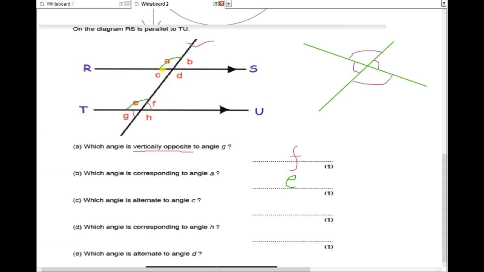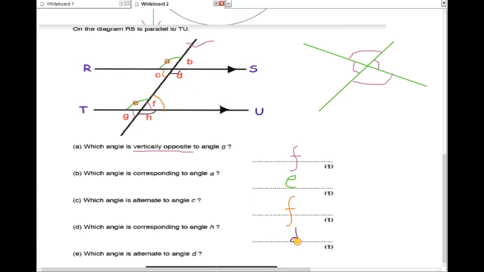Which angle is alternate to C? X. Yes, this. Which angle is corresponding to H? Corresponding.